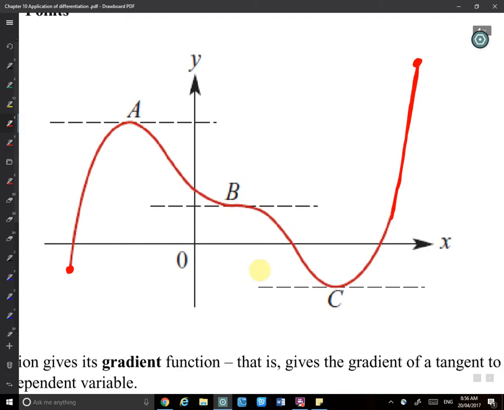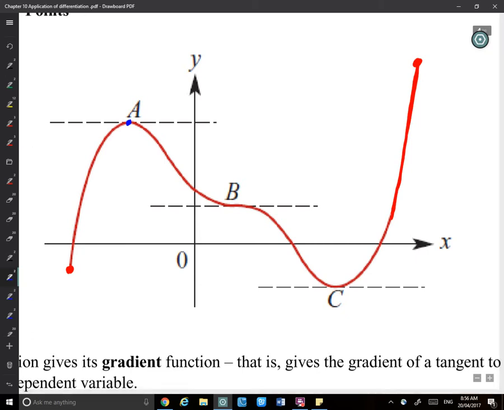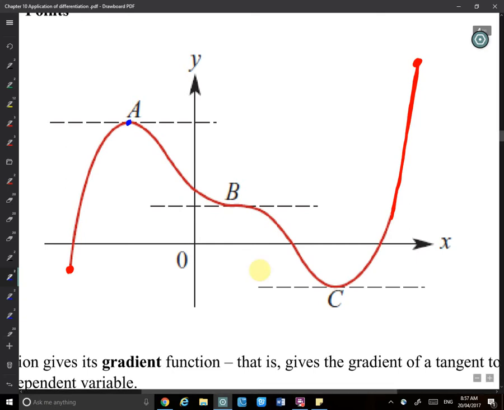Okay, let's talk about the names. I think you all learned that last year. What's the name of A? What is this A called? Maximum. I have 2 types of maximum. Local maximum, a turning point.